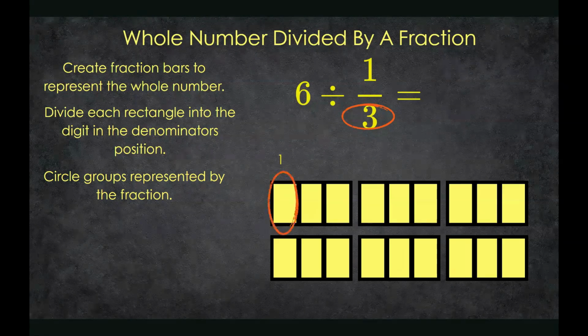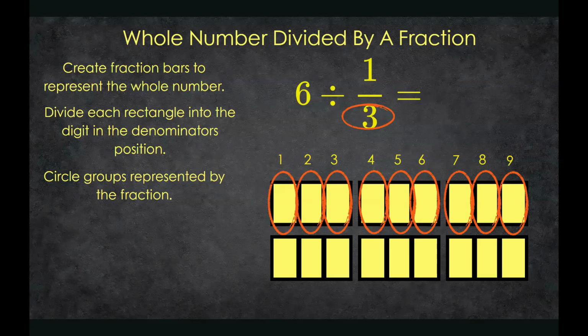So I have 1 group of 1/3, 2 groups of 1/3, 3 groups of 1/3. And I'm noticing that every whole bar has 3 groups of 1/3. So in 2 whole fraction bars, I have 6 groups of 1/3. In 3 fraction bars, I have 9 groups of 1/3.